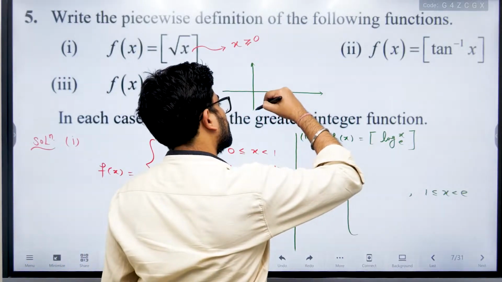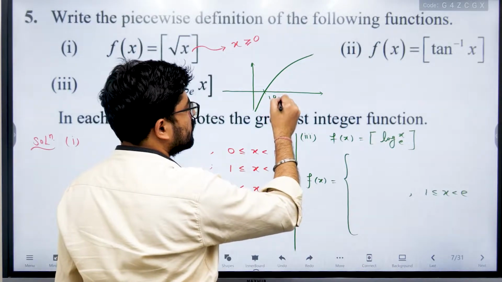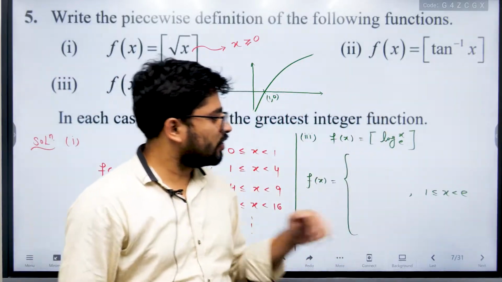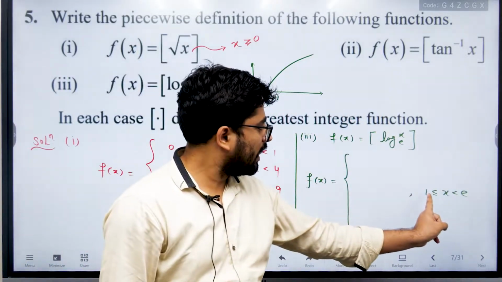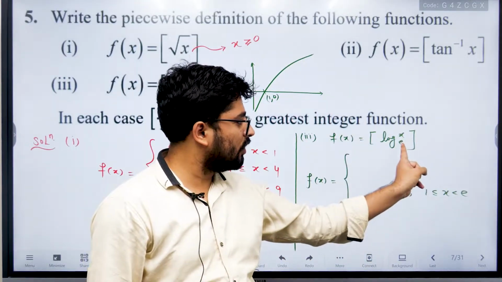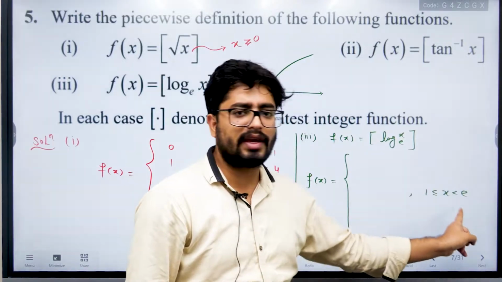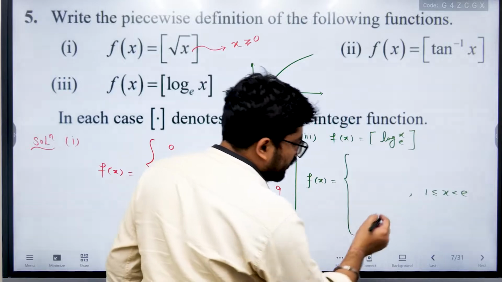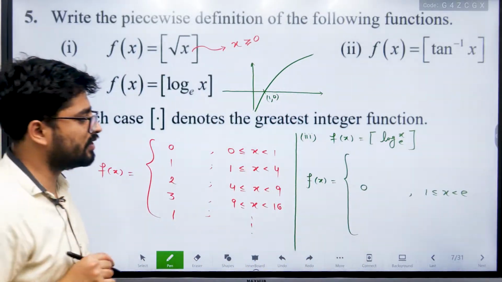That is the point 1 comma 0. So from 1 to e your graph is increasing. At 1 the value is 0, log 1 to the base e is 0, and log e to the base e is 1. So from 1 to e the value lies between 0 to 1, excluding 1, which means greatest integer gives you 0.